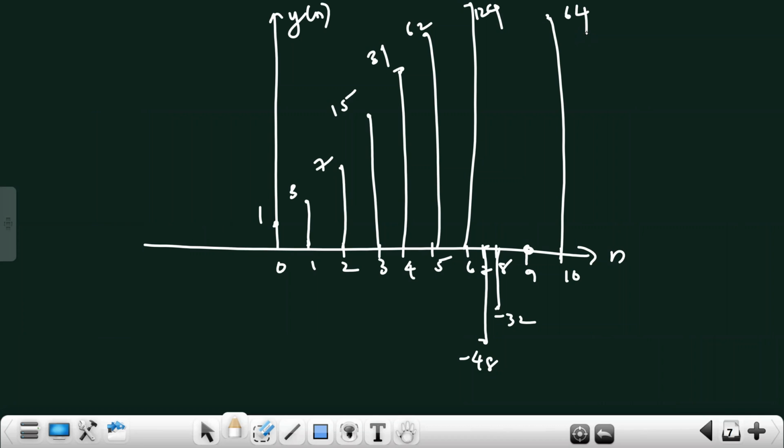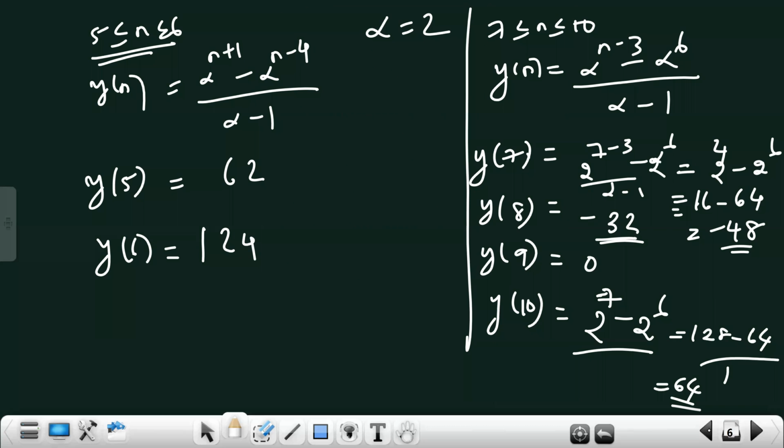Y of 6 is 126? Is it? Check again. Sir, 124. Surya, you check once again, y of 6. Alpha is 2, right?